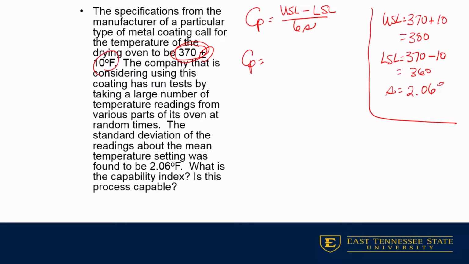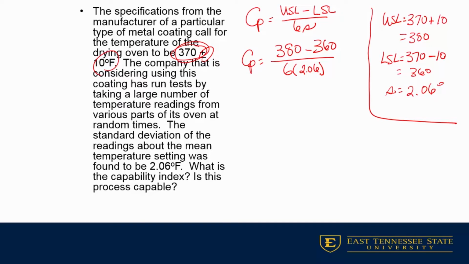So my capability index is going to be my upper specification limit, which was 380, minus my lower specification limit, which was 360, divided by 6 standard deviations, my standard deviation, which is 2.06.